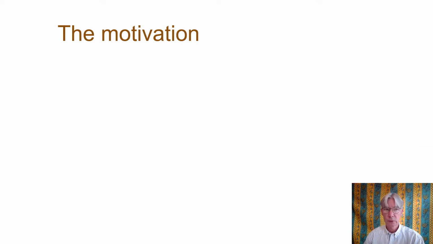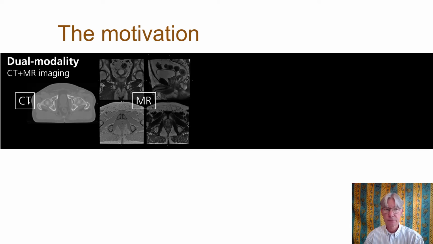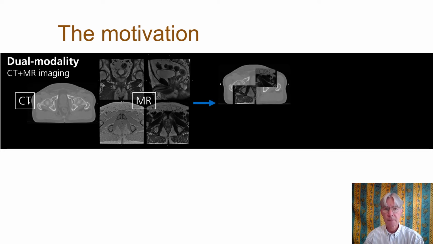But first, a few words about the motivation. In the dual modality workflow, we use both CT and MR images for the treatment planning. These images are acquired at two different examinations, and the geometry will be different.